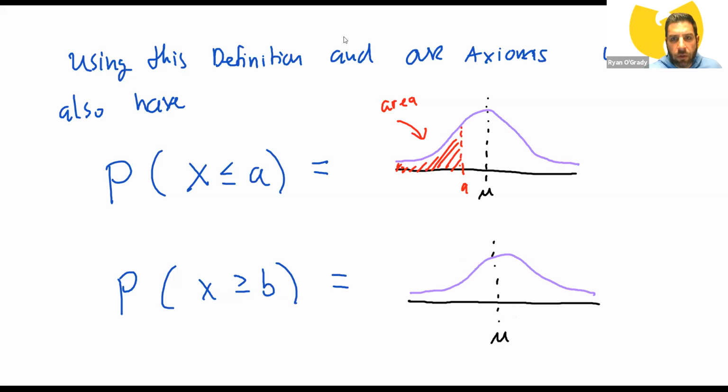Now, there's nothing special about the value of a or b. They can be any number. It just so happens that here I've written it as less than the mean, but it doesn't have to be. It could be greater than the mean. And so this area gives us the other probability.